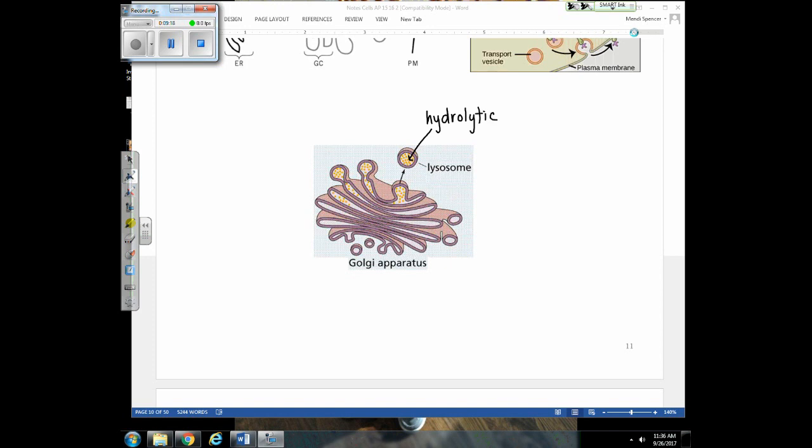These are enzymes that are going to assist in hydrolysis, the breaking down of molecules into their subunits. We learned that in the biochemistry unit. But these are called hydrolytic enzymes because we know that the purpose of a lysosome is to help break down molecules of the cell. And so it would contain hydrolytic enzymes that were made by attached ribosomes to help them perform that task for the cell.